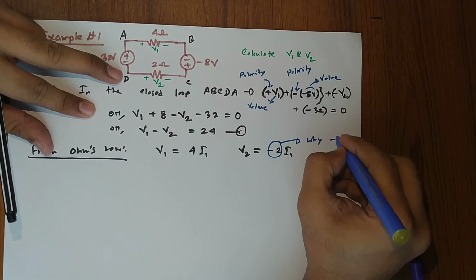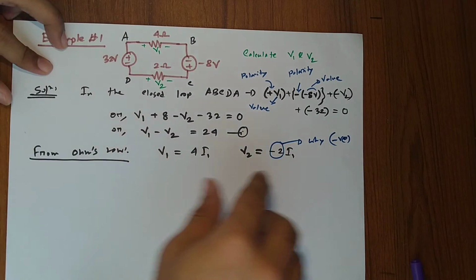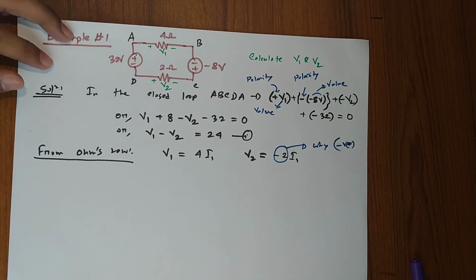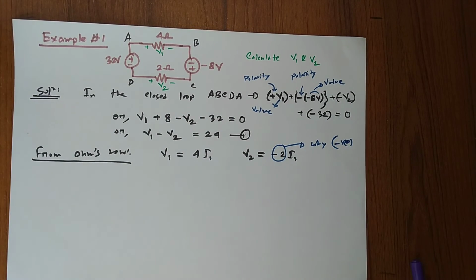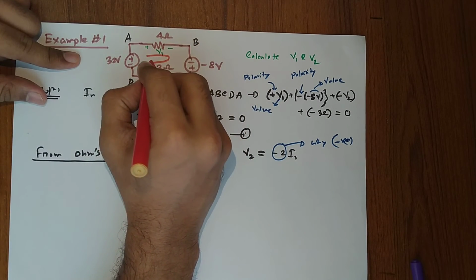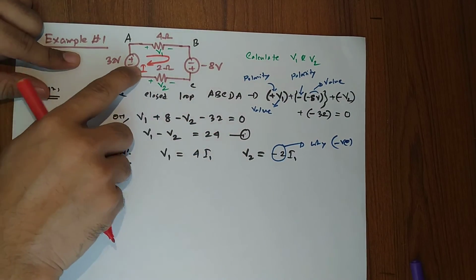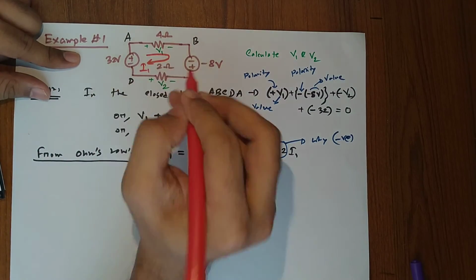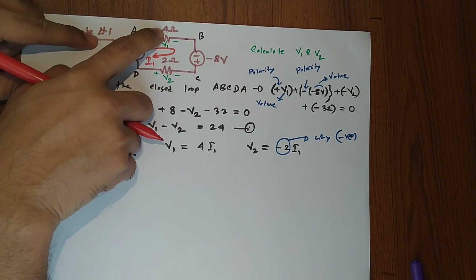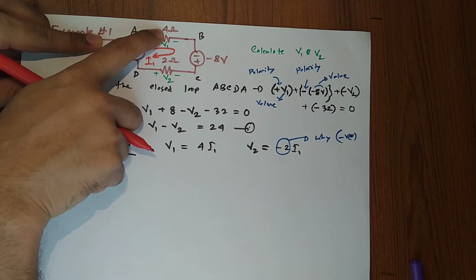Why negative? This is a very important thing you have to keep in mind, that this negative term comes here because we are traveling in the clockwise direction in this path. So the current I1 is entering the positive terminal of the 4 ohm resistor first.